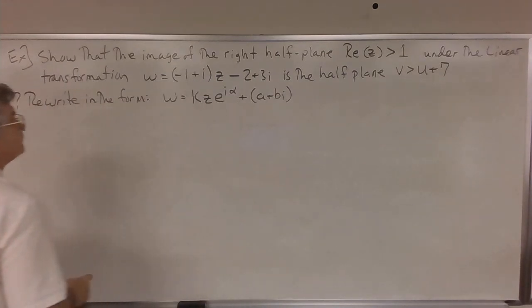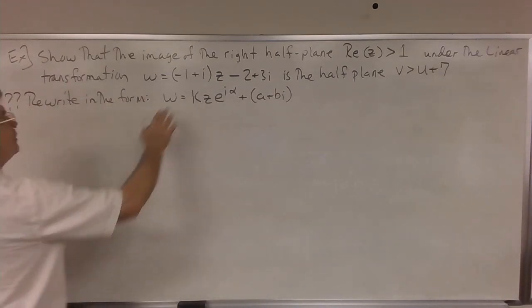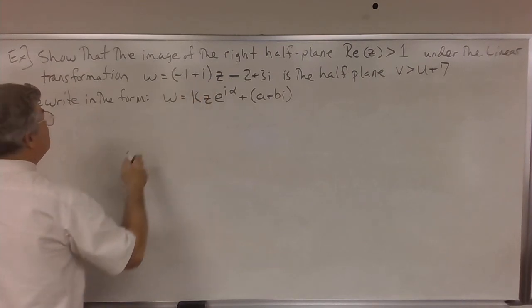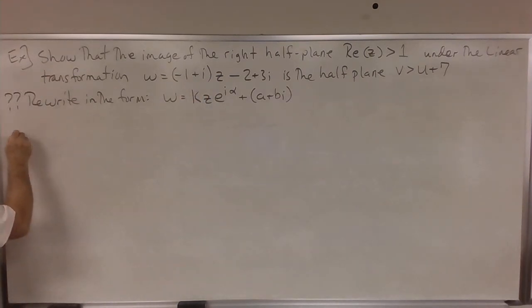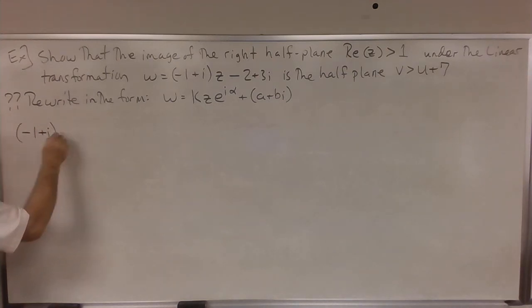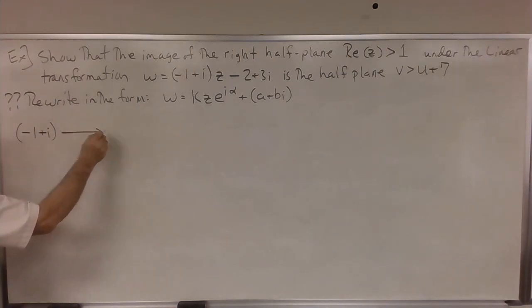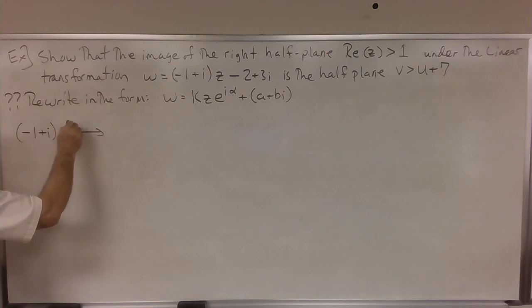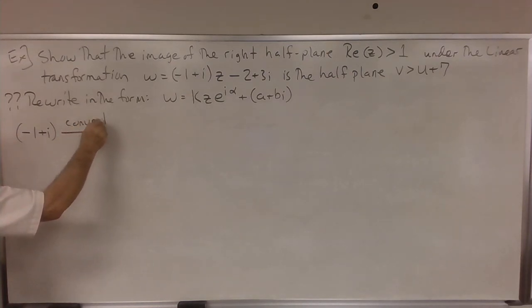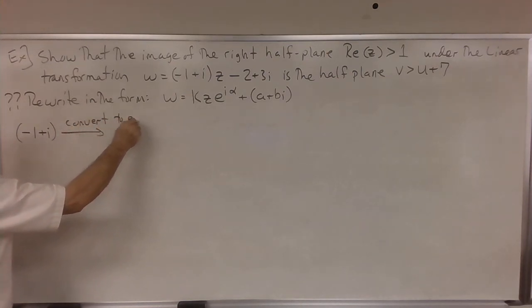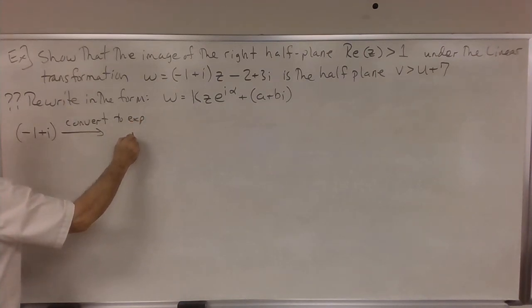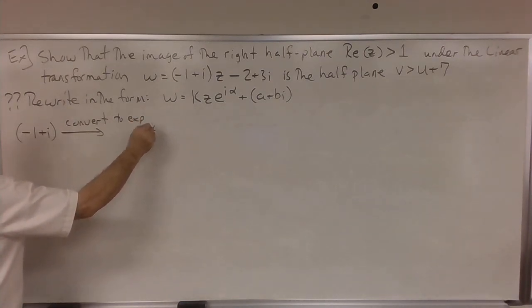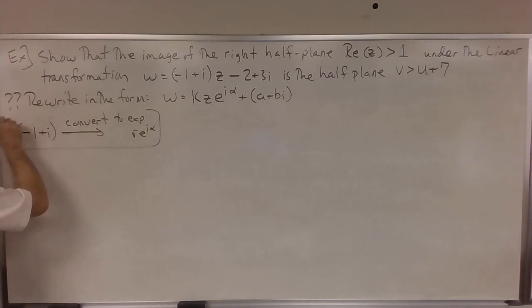And I think it'll work. Let's see. Negative 1 plus i, convert to exponential, r e to the i alpha. That's what I'm looking to do.